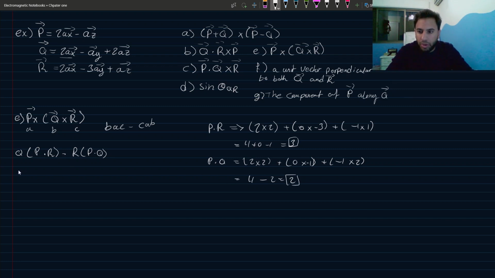And now we say Q times 3, which is P dot R, times R minus R times 2. Now Q times 3, we just multiply the Q values by 3.